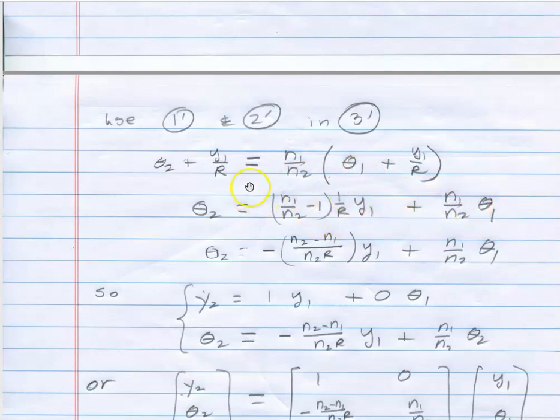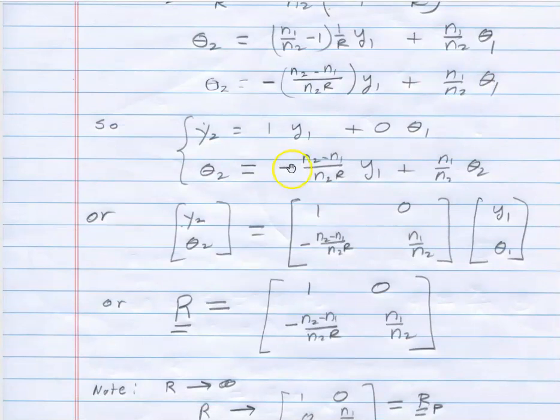And then I've got two values with y1 over r. I've got an n1 over n2 times y1 over r. And then I have to subtract 1 over r times y1. So that gives me this minus 1 over r. And then I put that over a common denominator to get this expression. And what you see again is you've got theta 2 in terms of y1 and theta 1.